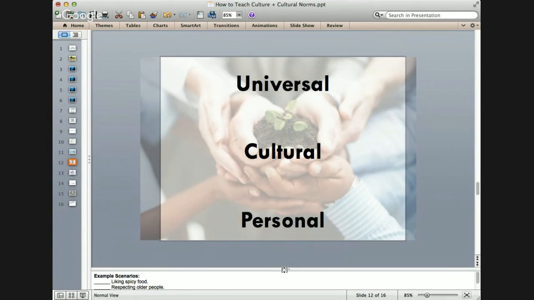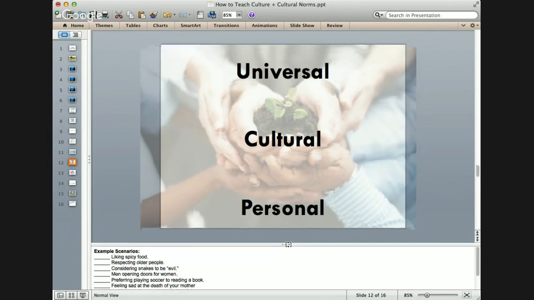Respecting older people is something I would love to see as a universal norm, and maybe it's not. But maybe I might say it's universal because I'd like it to be universal. But for some places it's cultural, and for some places it's personal. And some places it's a little bit of both. So you'll see that there's fluidity throughout here.